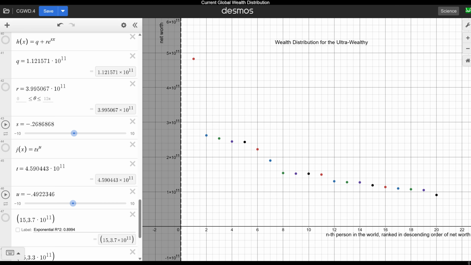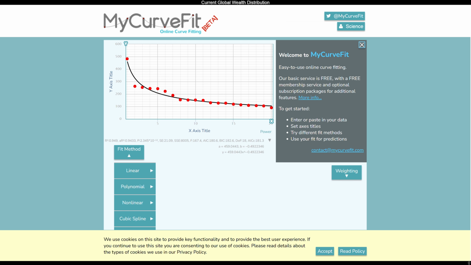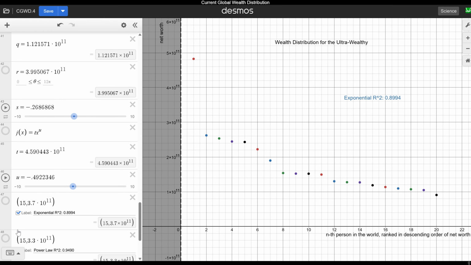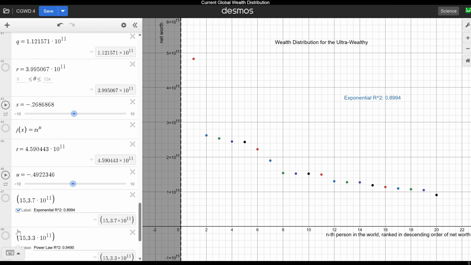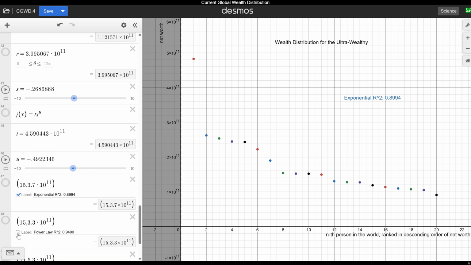And just as before, an online curve fitter fits both an exponential and power law curve to the data. The exponential curve has an r-squared value of 0.8994, while the power law has an r-squared value of 0.949, supporting the power law curve fitting the data better.